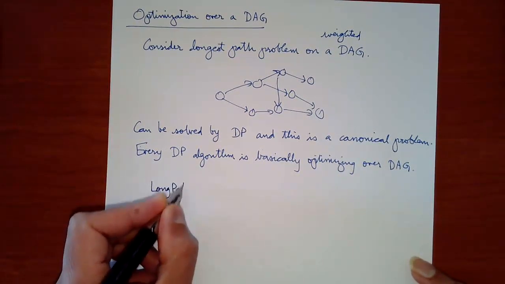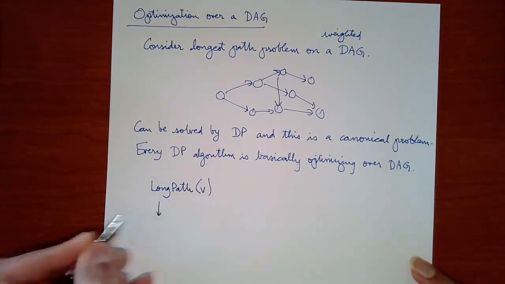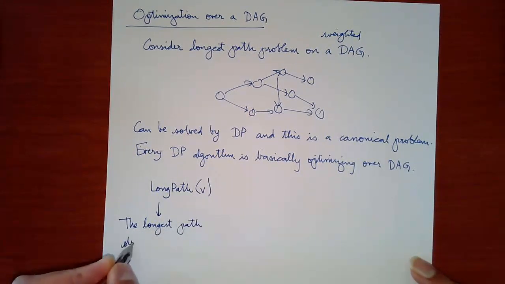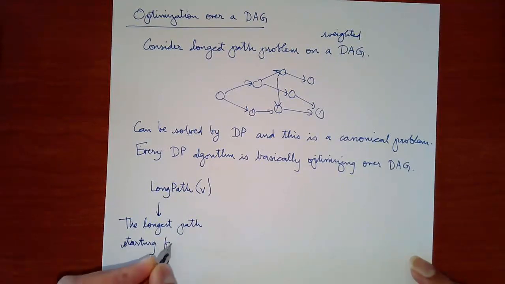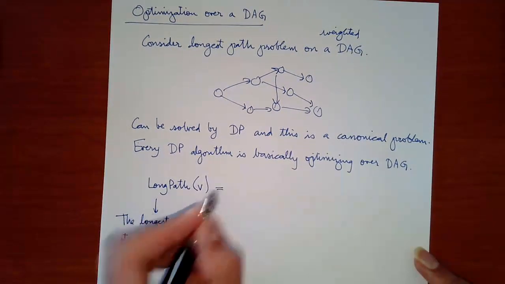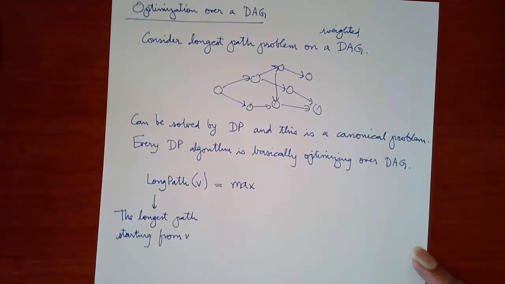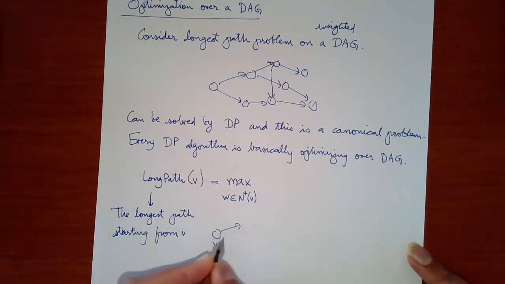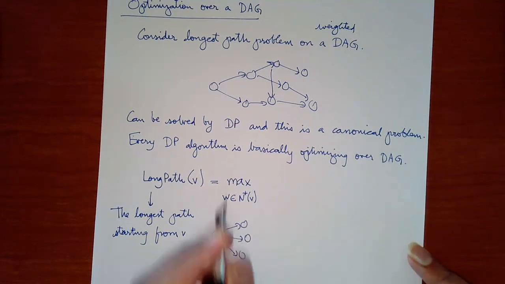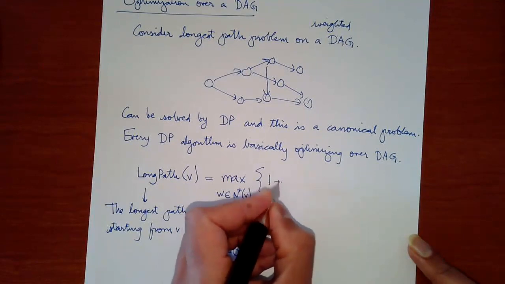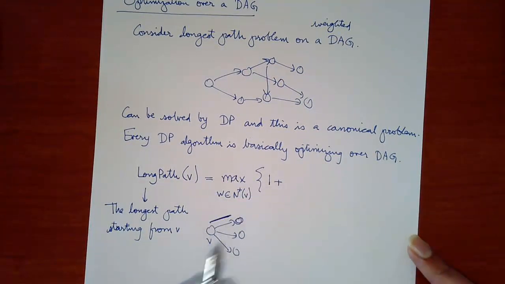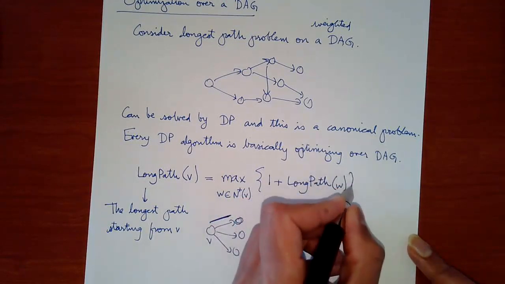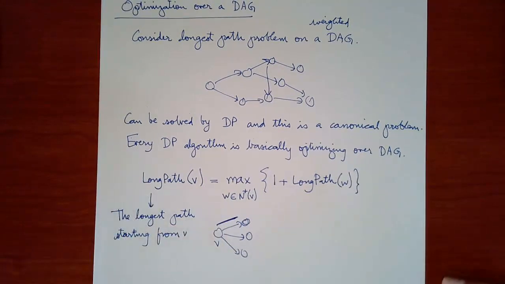I'll say long path at V. This is going to be the longest path starting from V. And I'm going to maximize over all vertices W which are in the out neighborhood of V. I'm going to take the max of 1 plus, because there's one edge that I took here, plus the longest path starting on W. This gives me the longest path starting from V.